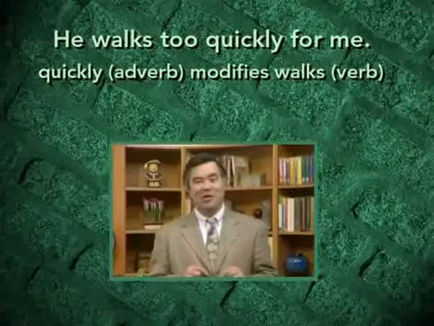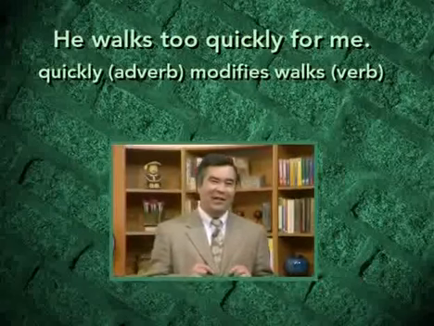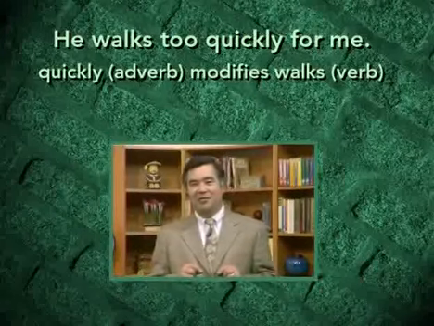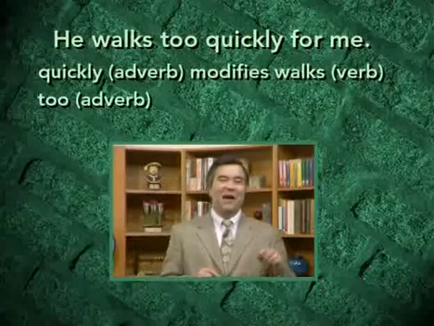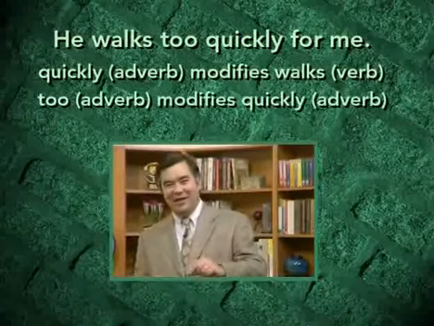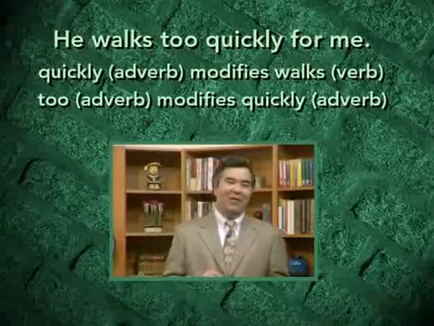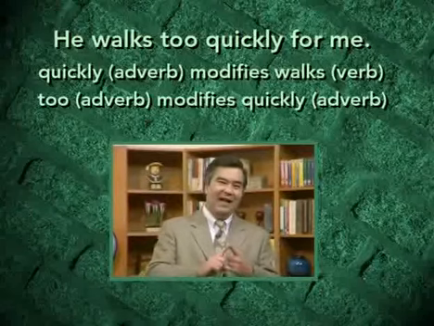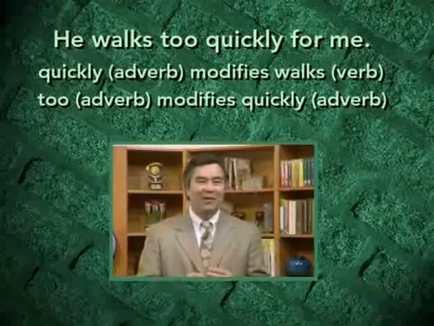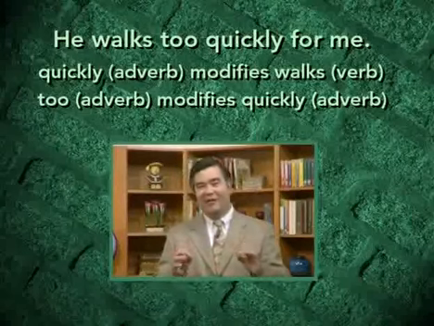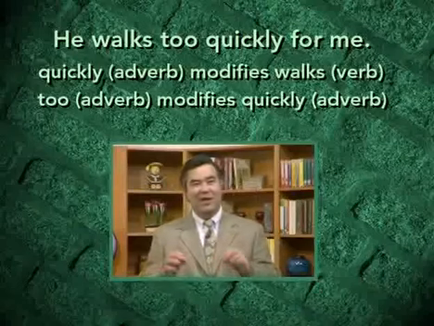Now what about the word "too"? "He walks too quickly." What part of speech is "too"? Well, "too" is another adverb, and in this case, "too" is modifying the adverb "quickly." Remember we said that an adverb can modify a verb, it can modify an adjective, or it can modify another adverb. This is an example of an adverb modifying another adverb.